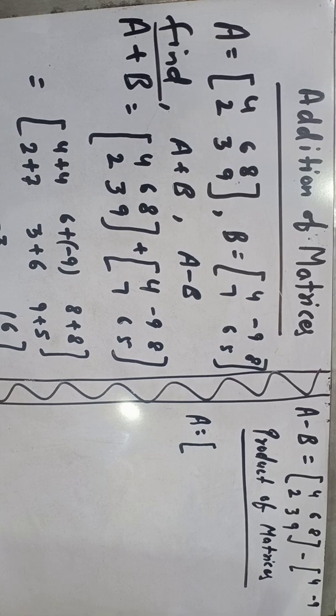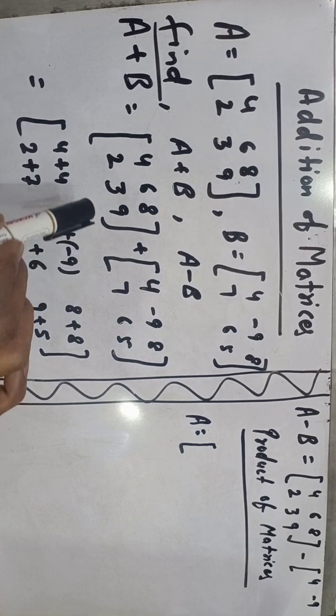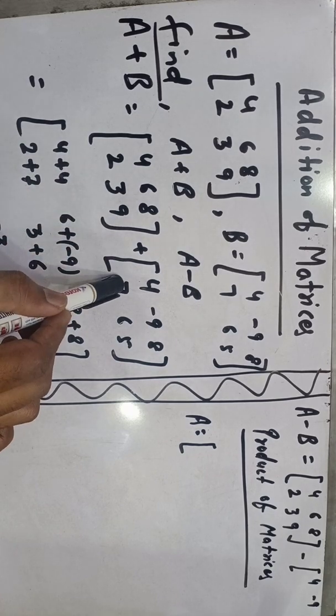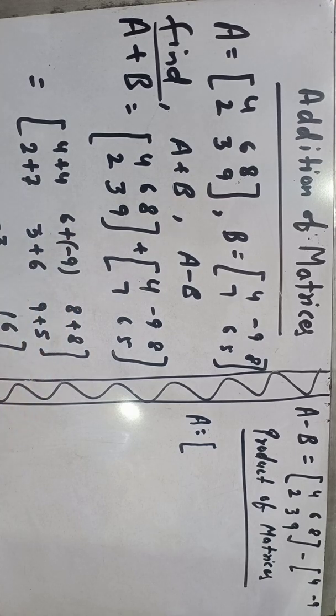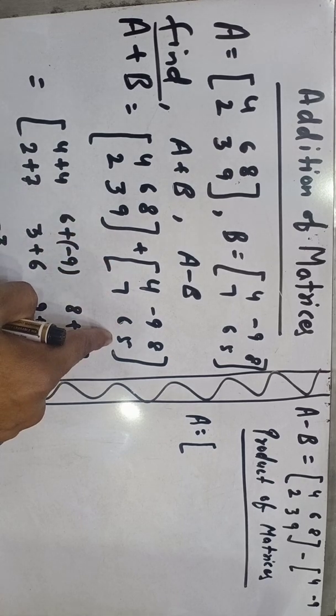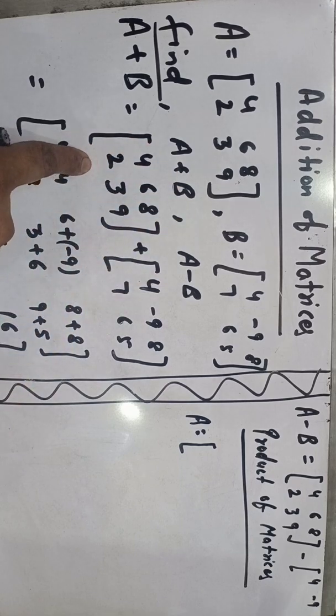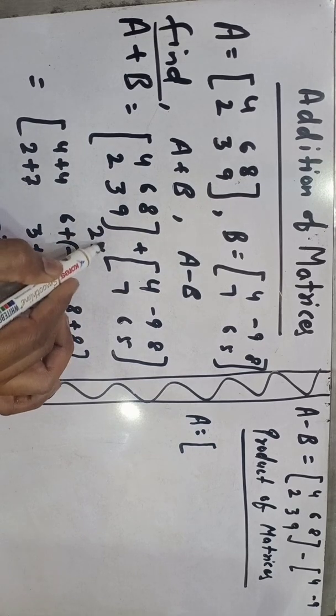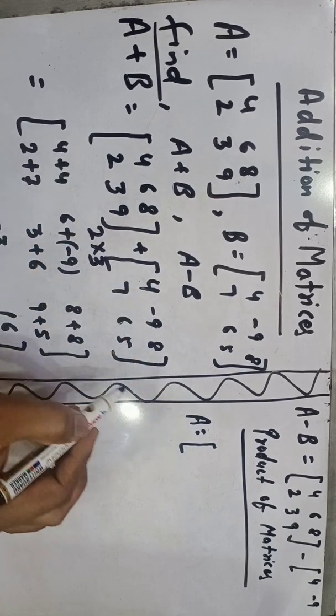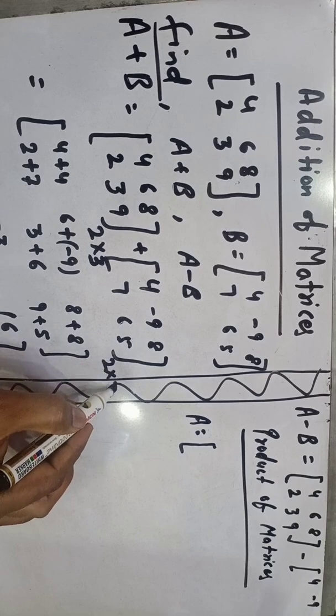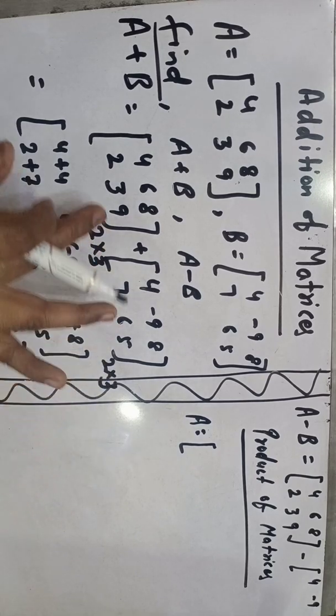One more thing to recall in addition and subtraction of matrices: the order of the two matrices must be the same. Here the order of the first matrix is 2 by 3, and the order of matrix B is also 2 by 3. So the order is the same.